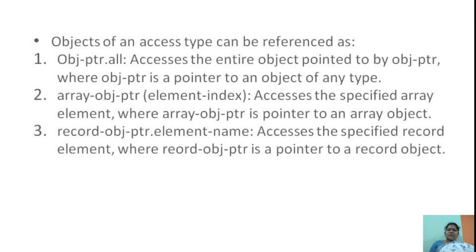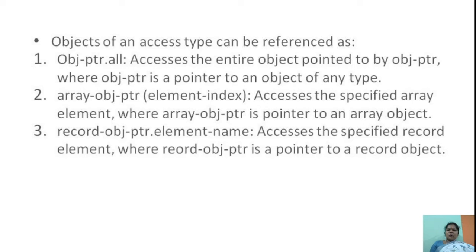Objects of an access type can be referenced as object pointer all, array object pointer, record object pointer element name. So the first one is the pointer to an object of any type, the second one is the pointer to an array object, and the third one is the pointer to a record object.